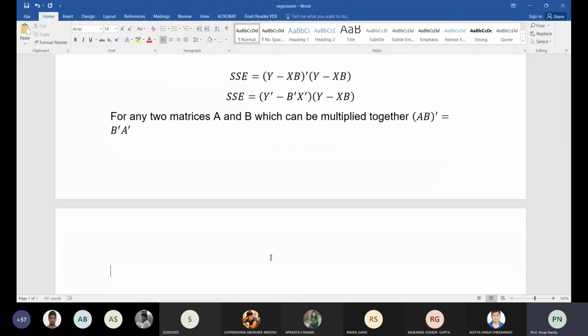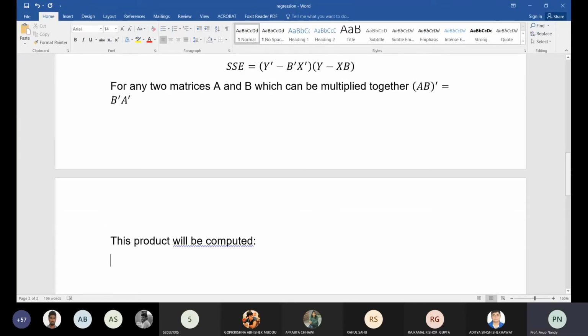Next, what we can do next, when this product will be computed. If you just compute this product, what are you going to get? What are you going to get? Can anyone tell me? Y transpose Y, a scalar value.